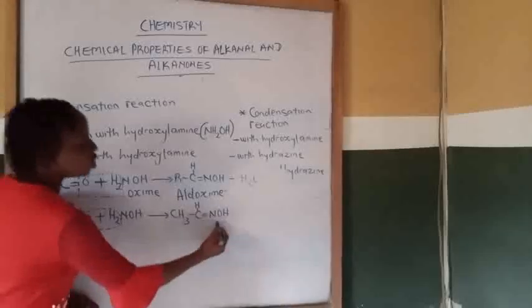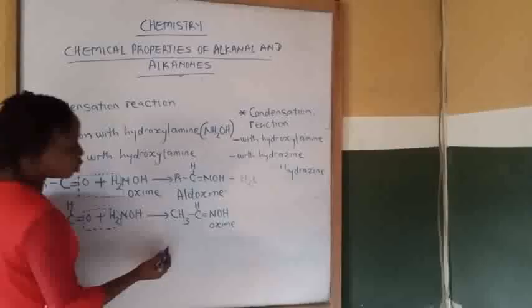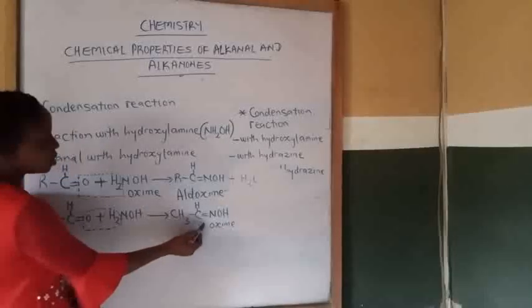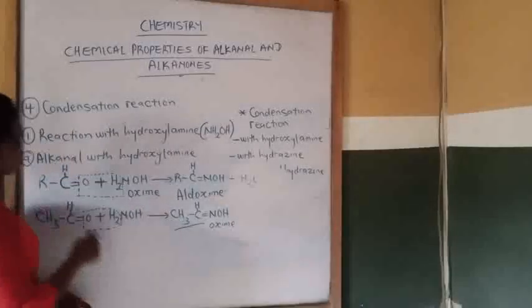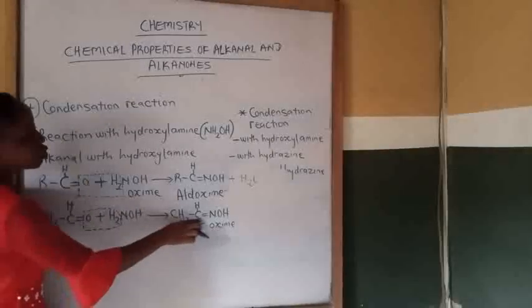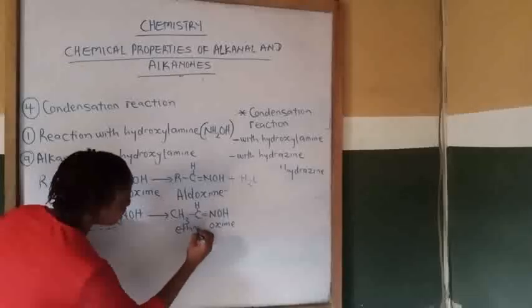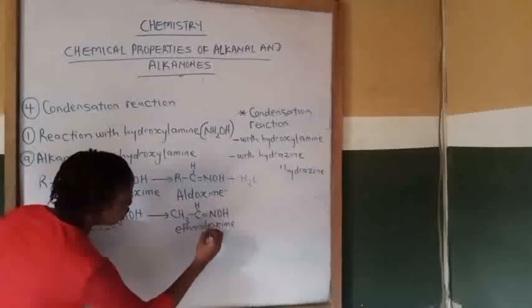So this NOH is called oxime. This compound is derived from an alkanal. An alkanal with 2 carbon atoms is called ethanal.